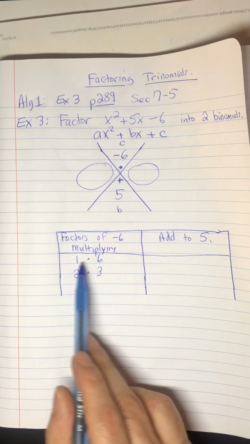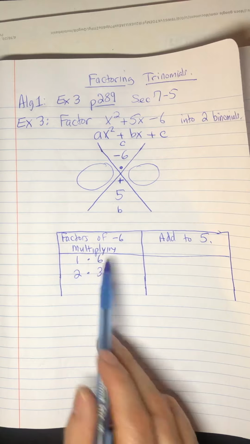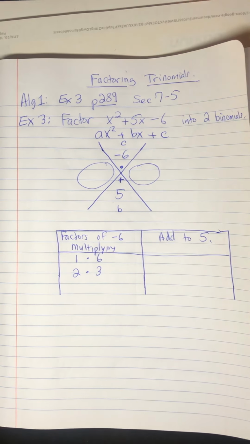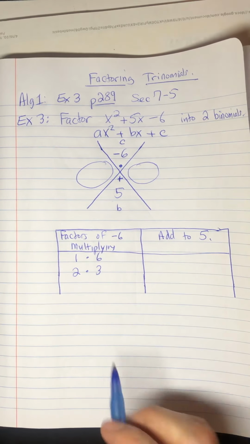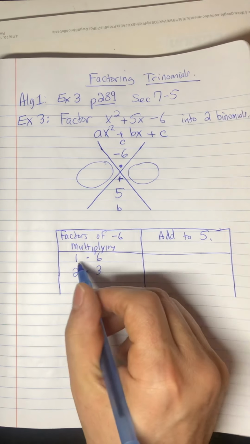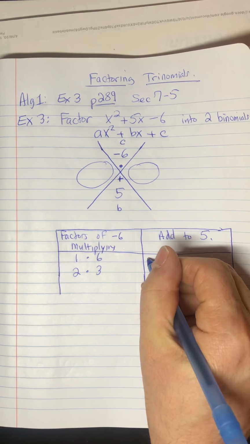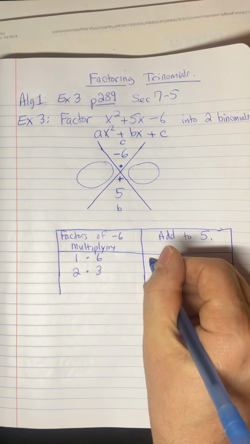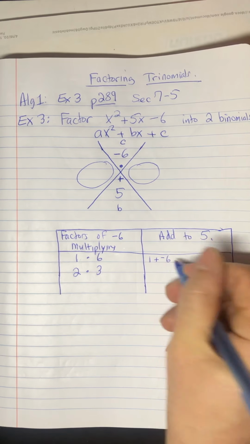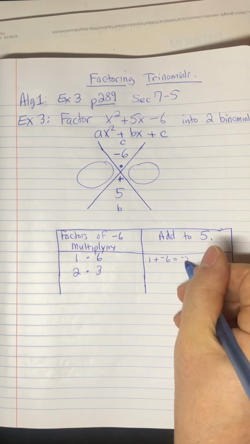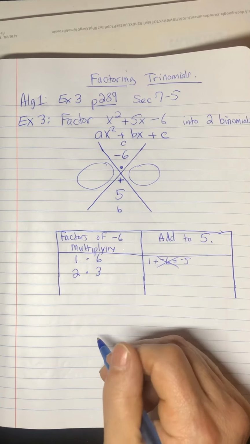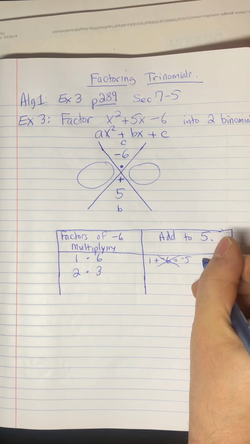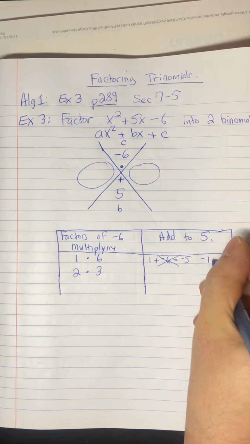One of them has to be negative. Now, to multiply them to get -6, one of them has to be negative, one of them has to be positive. So let's go ahead and see what happens here. Let's add these together. If it was 1 plus -6, isn't that -5? That doesn't work. What if it was -1 plus +6?